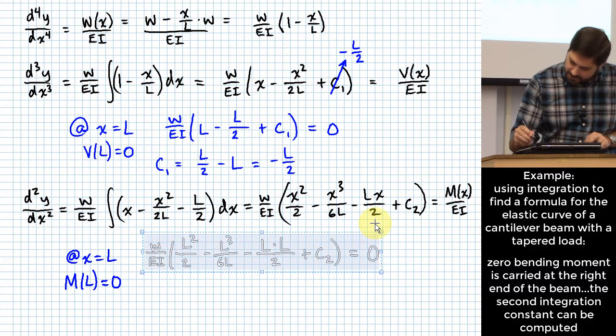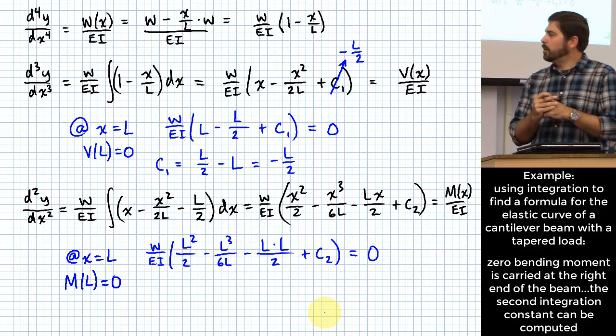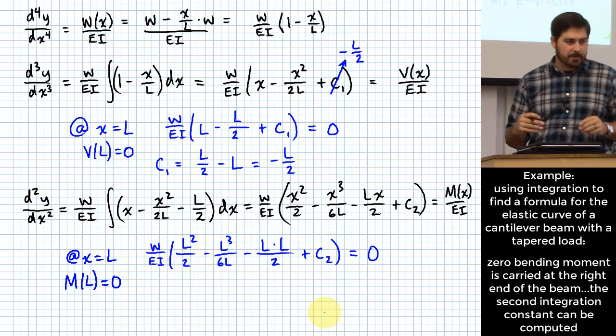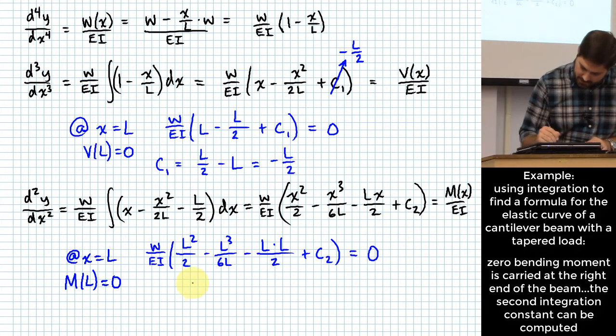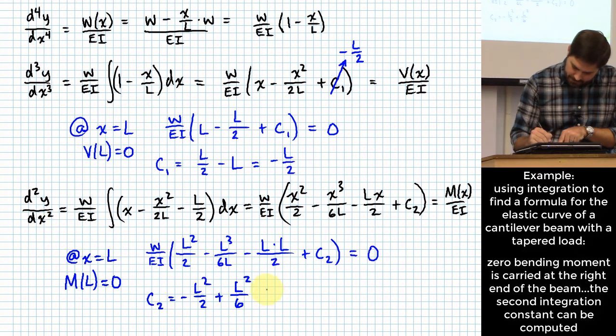For consistency here, let me turn this blue. Okay, so what do we know in order to make that whole thing 0? C2 is going to have to be equal to minus L squared over 2 minus, or plus, excuse me, L squared over 6, plus L squared over 2.